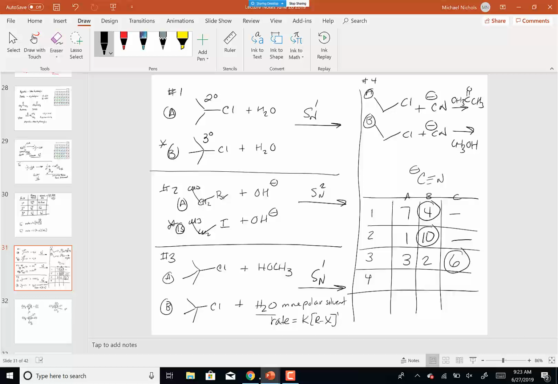And of course, to say that the more polar solvent makes the reaction go faster, it has to be only for SN1, because for SN2, that slows the reaction. So I would accept B as well. How about number 4?